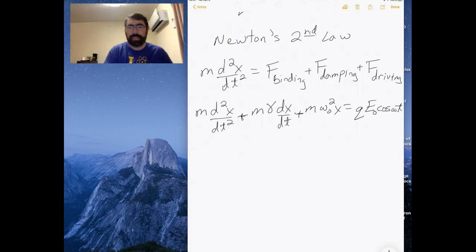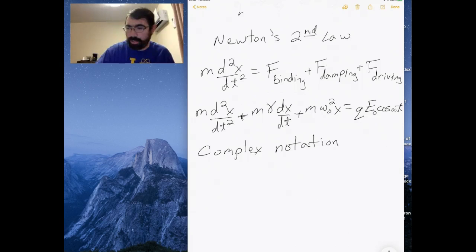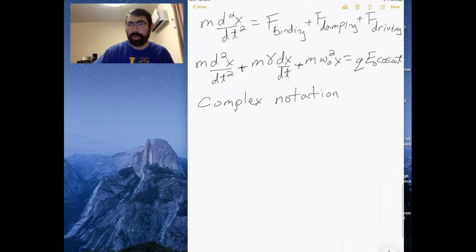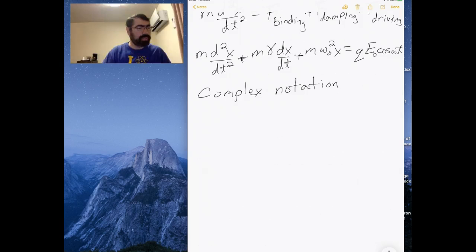So it's a good thing that we're making you take differential equations. So anyway, what I'm going to do is switch to the complex notation to make it easier to solve. And so we don't have to worry about the sines and cosines.